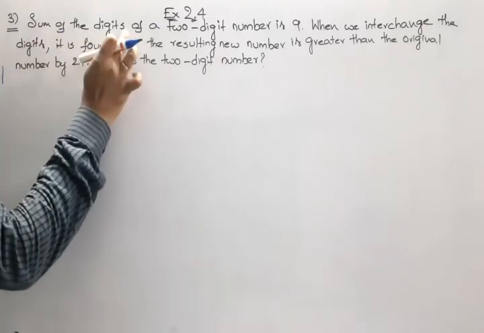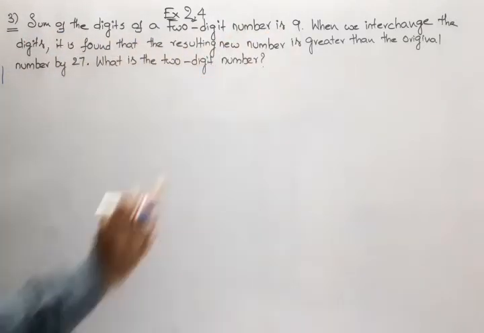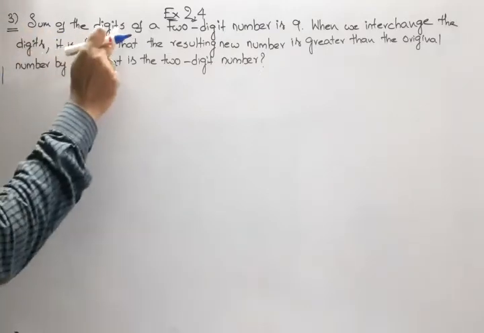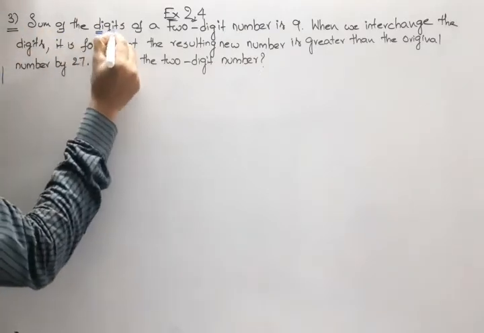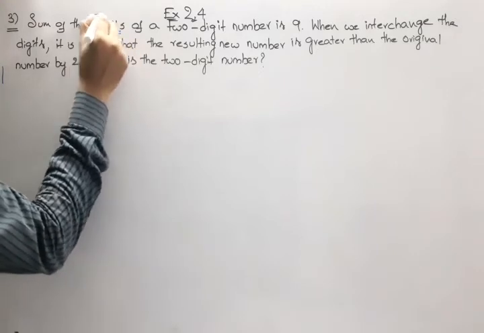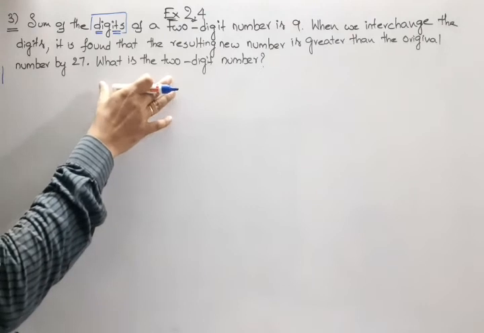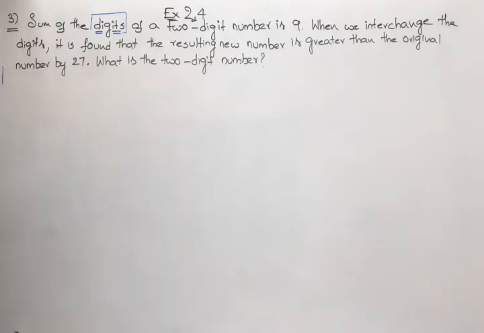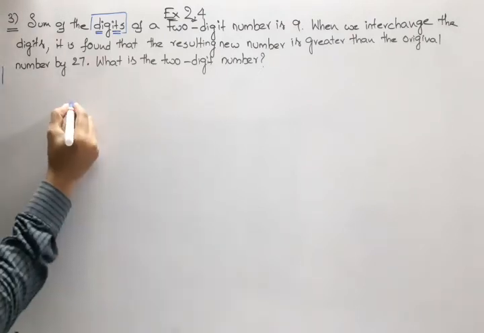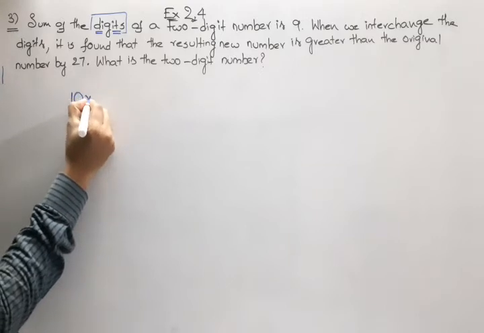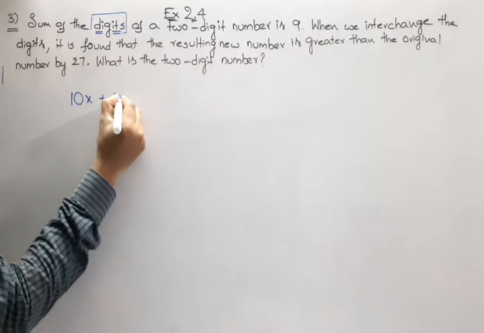Sum of the digits of a two-digit number is 9. Sum of the digits. Here this point is very important. So, you know what is the general form of a two-digit number? As we have discussed yesterday, it is 10x plus y.